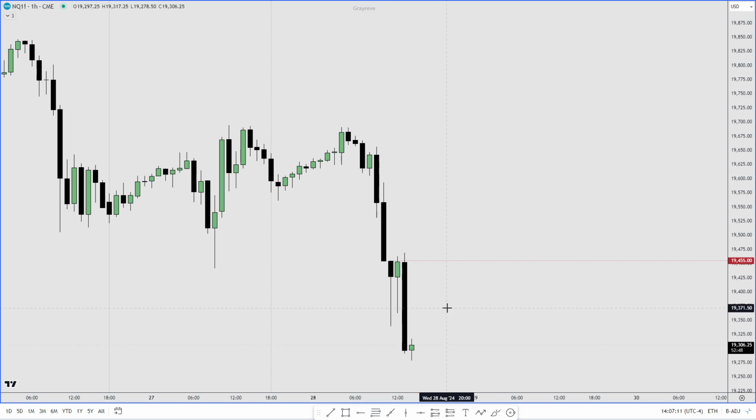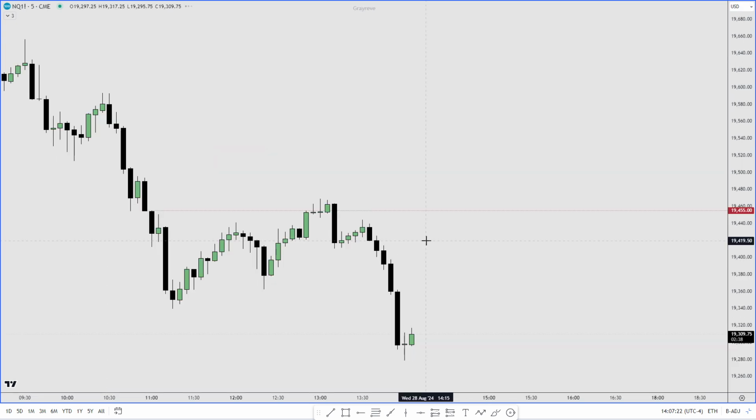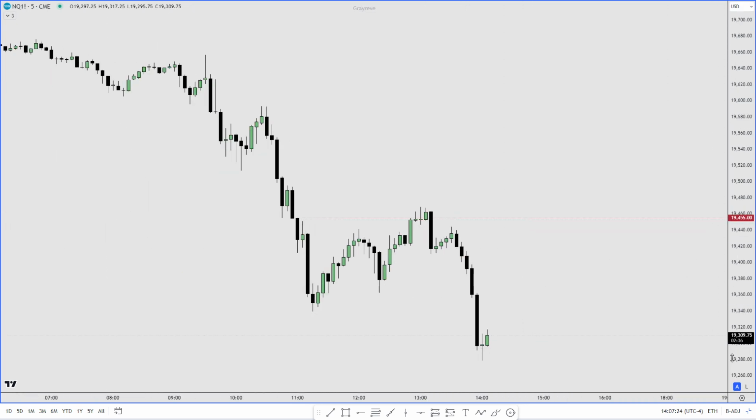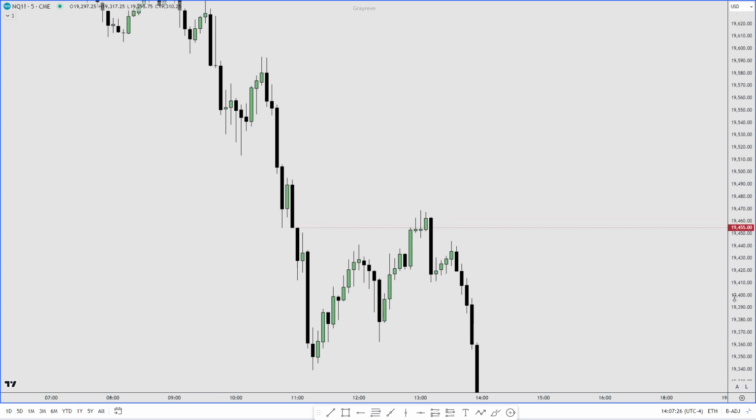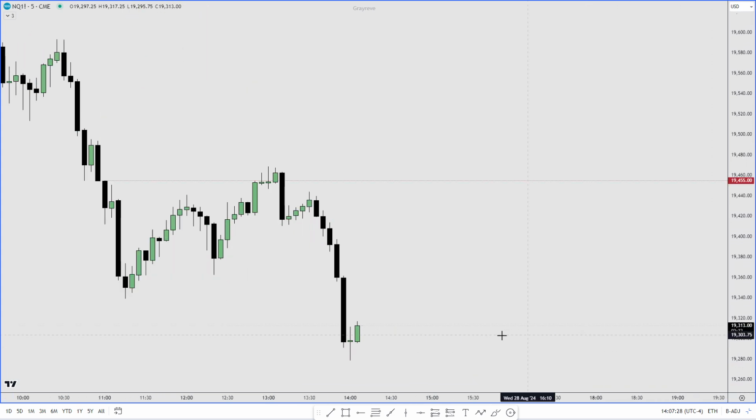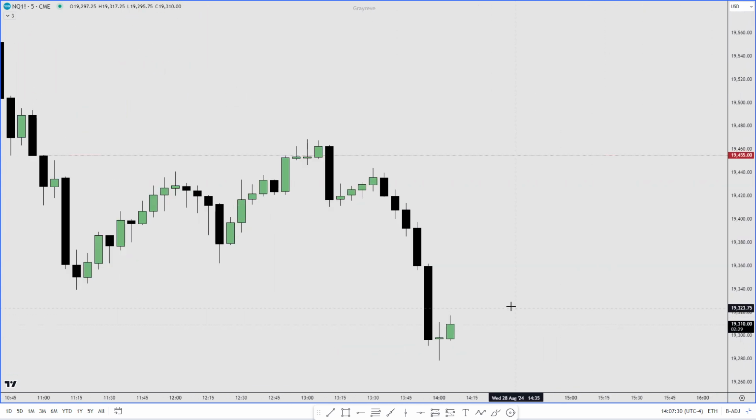So I was waiting for price to trade into the CB, and then I wanted to see a market structure shift or a change in the state of delivery on the 5 minutes. Right, so here we have this up close candle trading into that 1 hour CB, and then we have its huge down close candle closing below the consecutive up close candle.